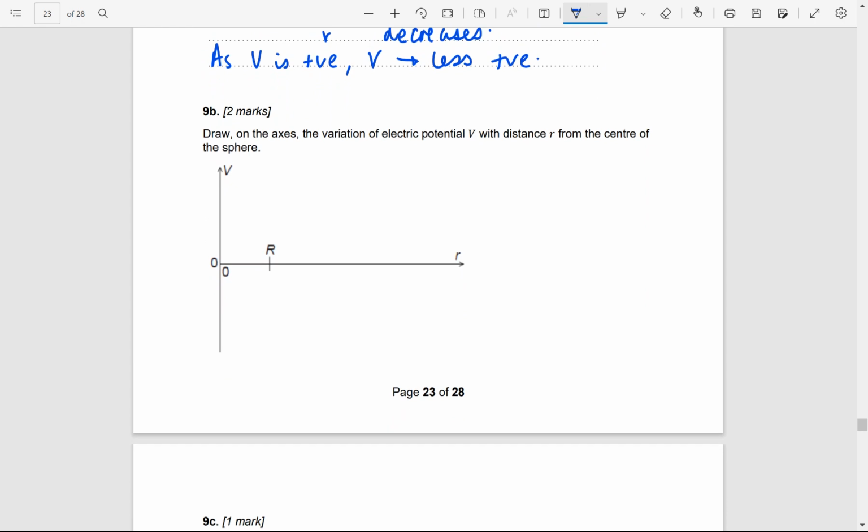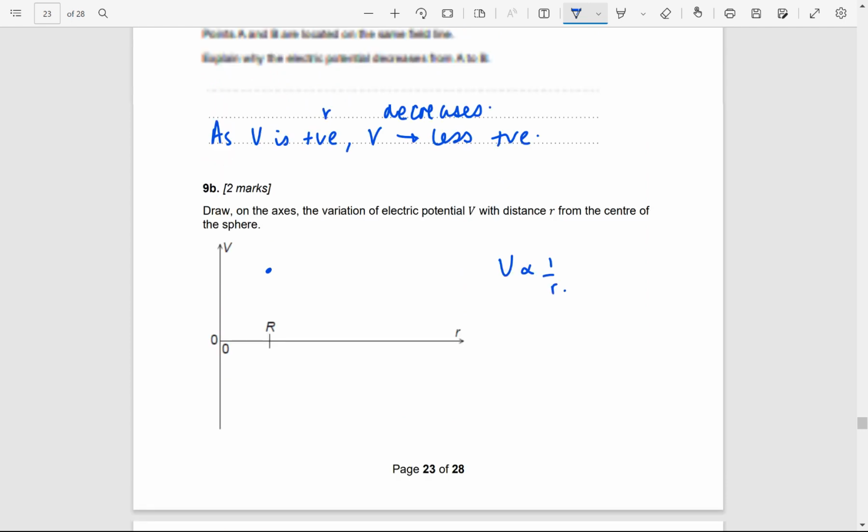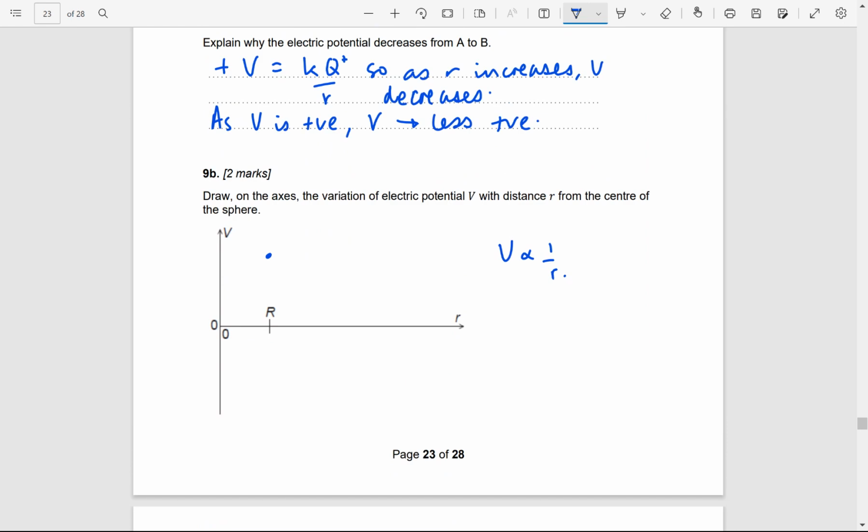Draw on the axis variation of electric potential with distance from the center of the sphere. So V is proportional to 1 over R. So we need a 1 over R law. Must be honest, I'm not the best at drawing these. But you are, because you've had lots of practice in your revision.